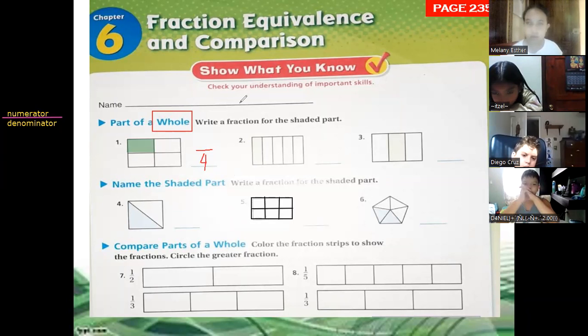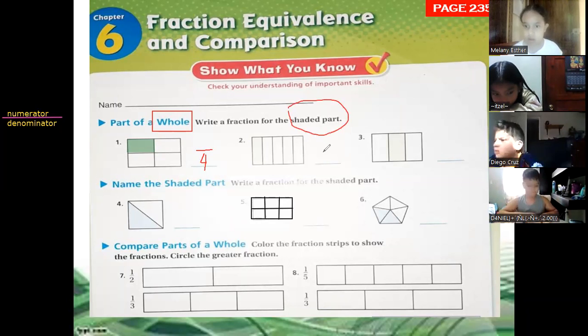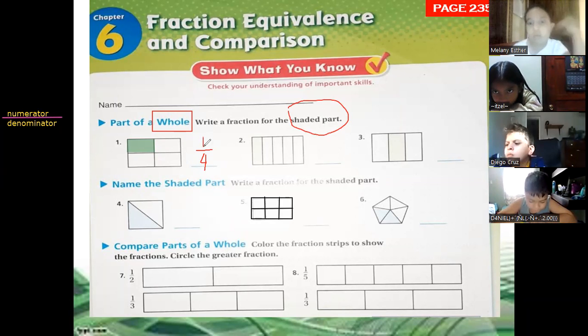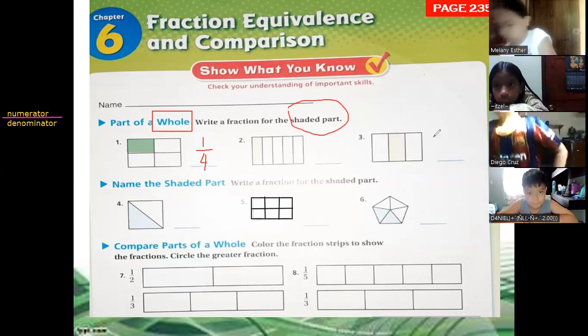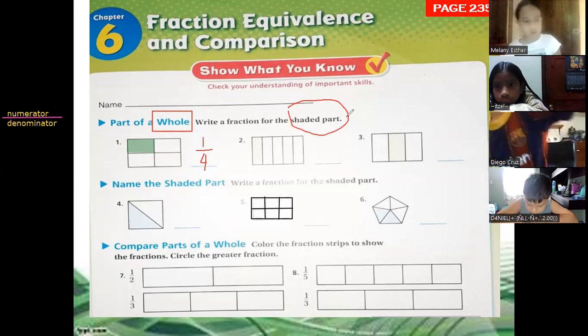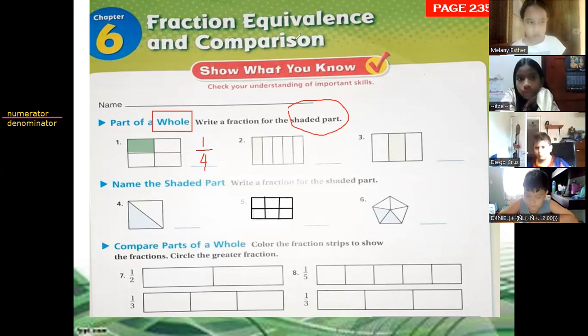And the numerator is the shaded part. How many parts are shaded in green in exercise 1? 1. So the fraction that represents the shaded part is 1/4. Okay? 1/4. That's the first exercise.